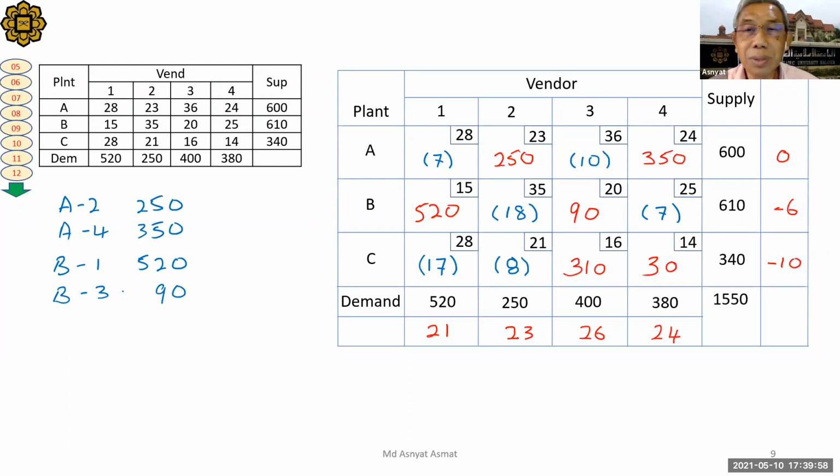This is how you state the solution. And then C to vendor 3, 310 units. And then C to vendor 4, 30 units. Then you calculate the total cost.